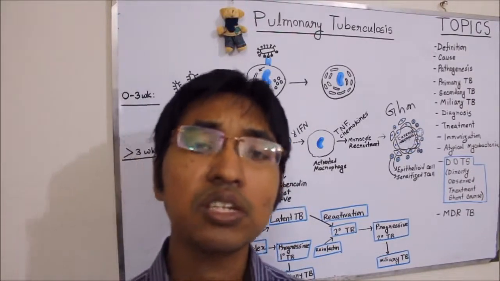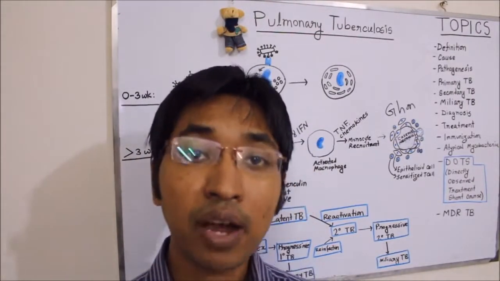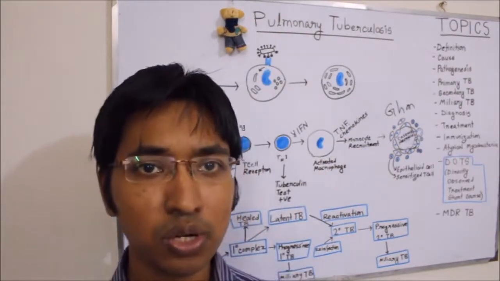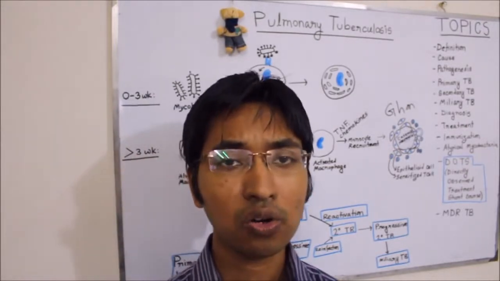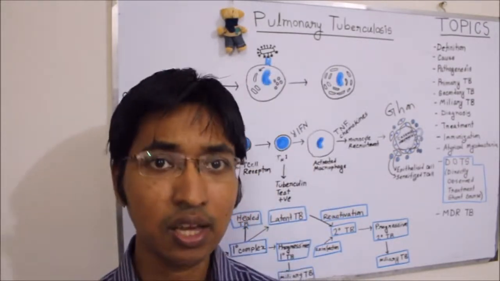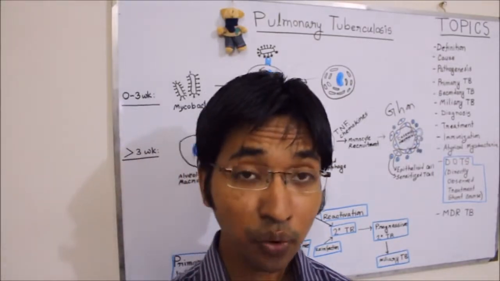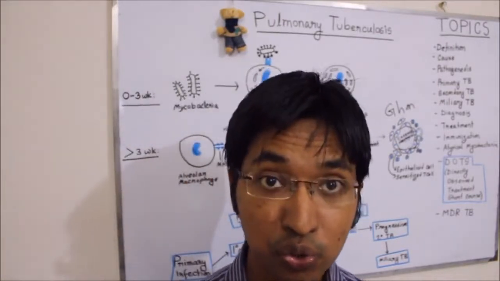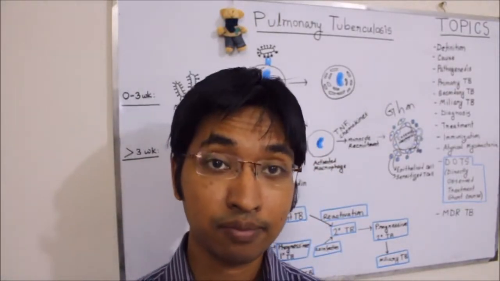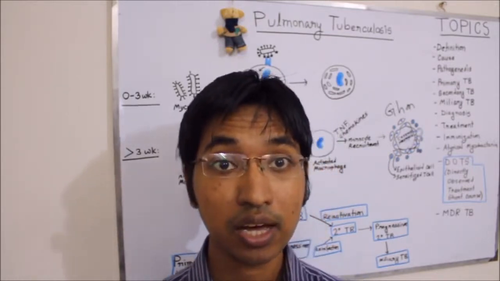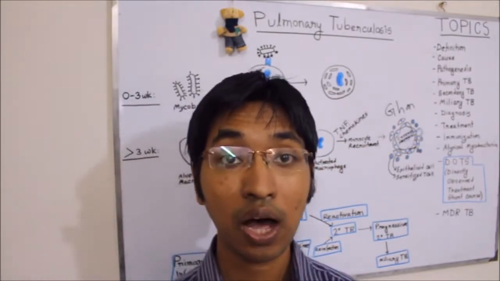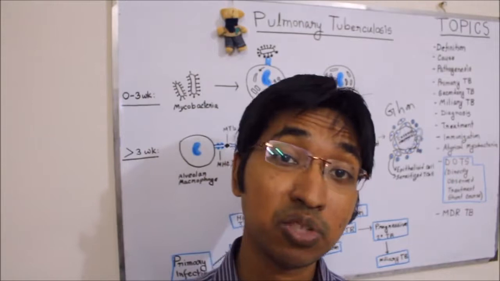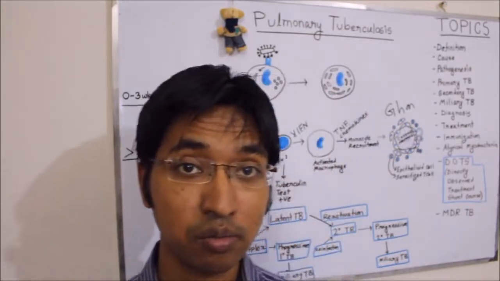And always remember, the clinical feature of progressive primary pulmonary TB closely resembles that of acute bacterial pneumonia. I have a separate video on pneumonia, so you can also look into that. But in short, whenever a person gets progressive primary pulmonary tuberculosis, he will have consolidation in his middle and lower lung field. There will also be hilar lymph node enlargement, which is known as hilar lymphadenopathy, and sometimes there may also be pleural effusion present.